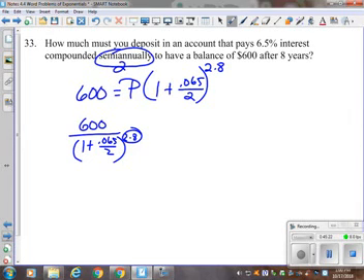I got 359.68. That is less than we had the last time, wasn't it? Not a whole lot less, because we only do it twice a year instead of once a year. But as you increase how many times it calculates the interest, that amount keeps going down because you don't have to put as much in the bank to earn it.